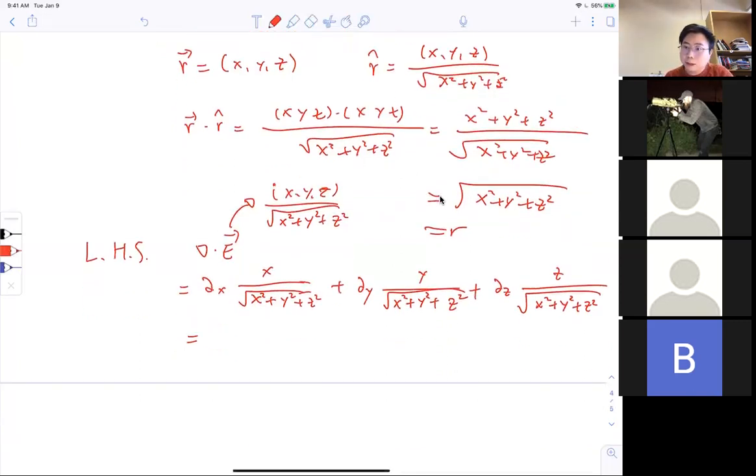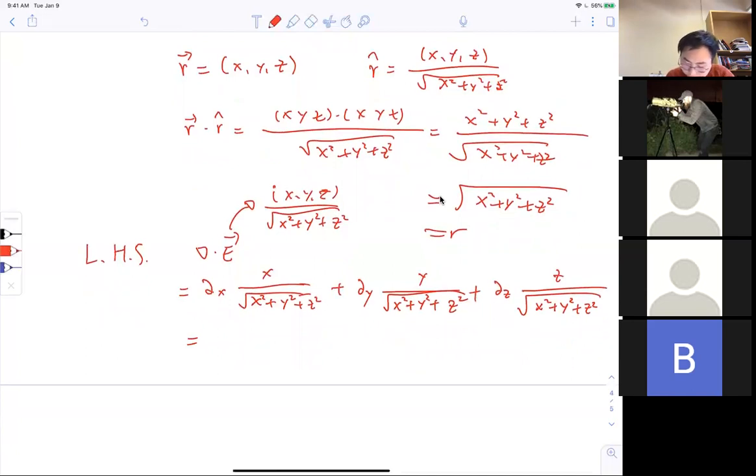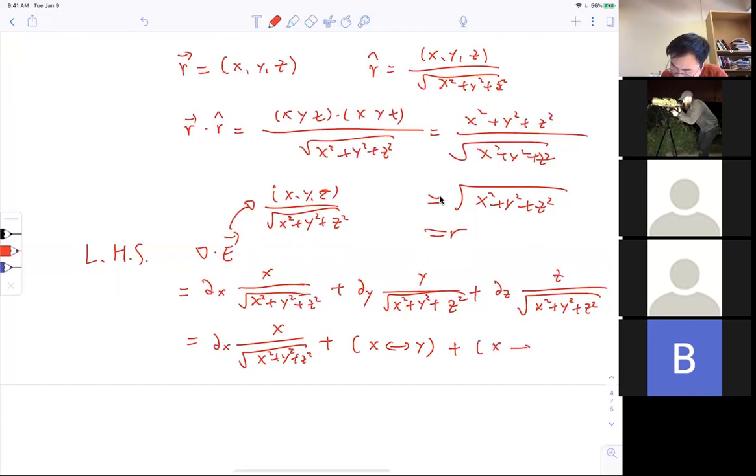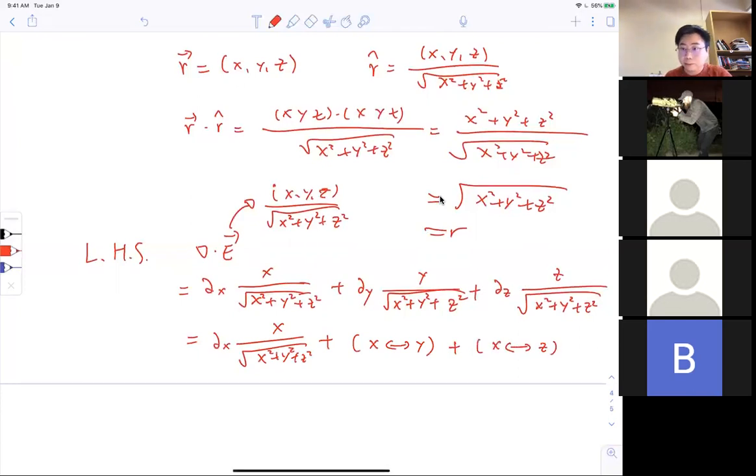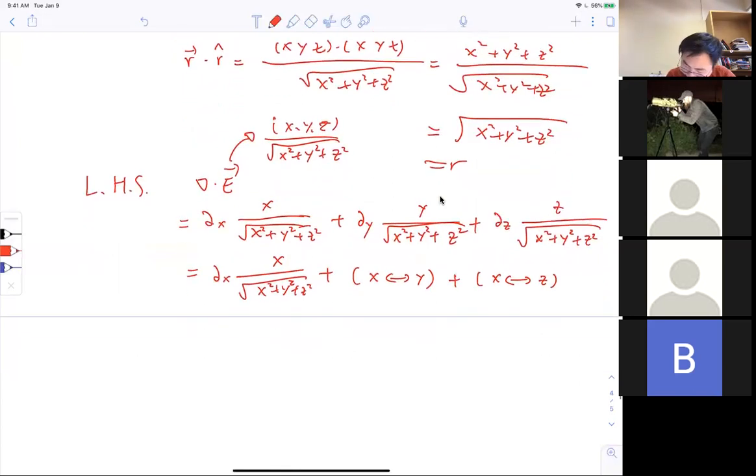Even when we do the calculation, we can make use of the symmetry of this expression. The first term is this. To get the second term, we only need to exchange x with y in the first term. For the last term, we only need to exchange x with z in the first term. So basically, we only need to calculate the first term, then we can write down the second and last terms directly.